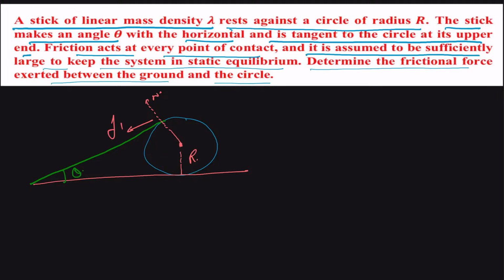Let us call this F_t, and there is a frictional force between the ground and the circle. Let us call this F_f. And if we join this to the center of the circle, then the angle will be divided into two parts, theta by 2 as well as theta by 2.